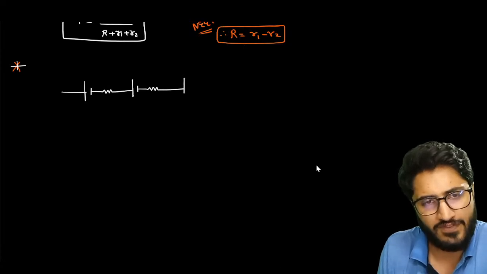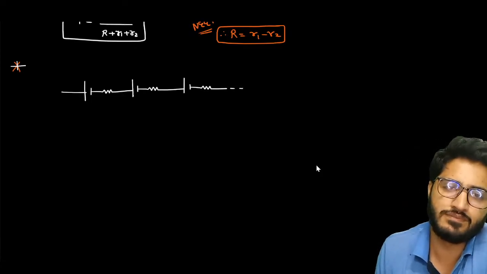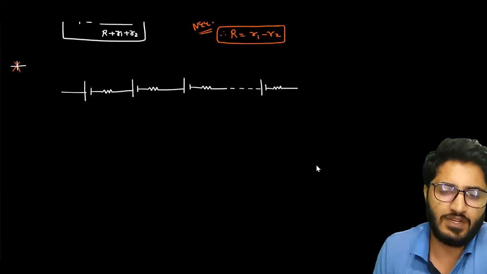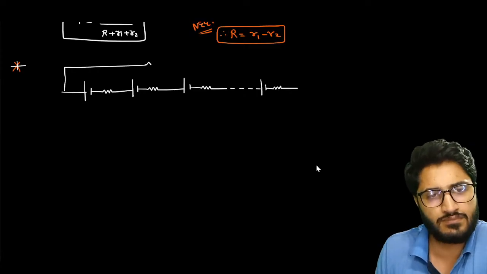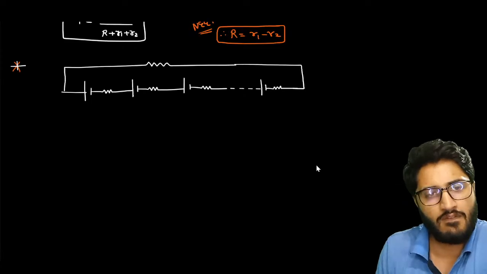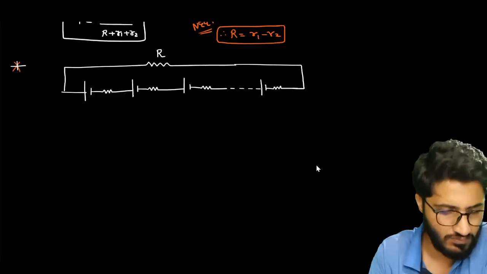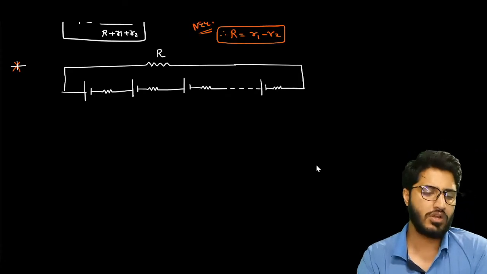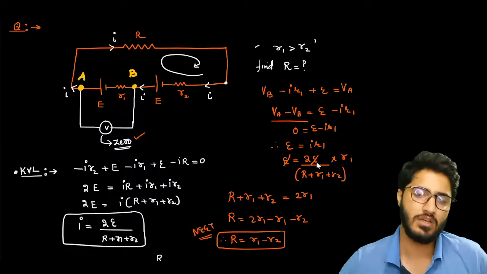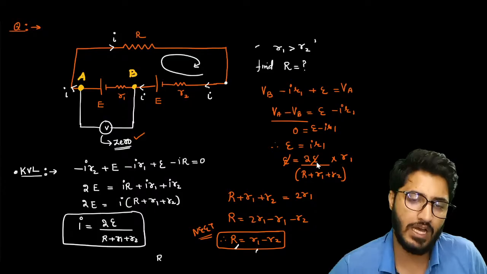These are my cells, with R. Now basically, look, why did I manipulate the value of capital R in terms of small r1 and r2?